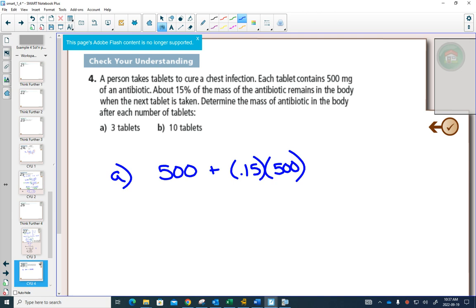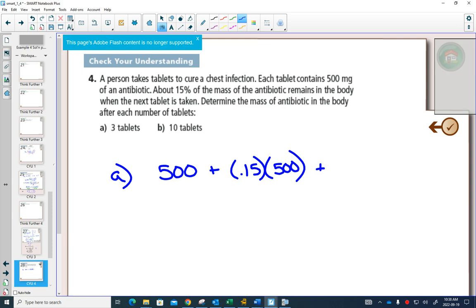We could calculate that. Now, if I had to take a third tablet, now this is my first tablet, this is my third tablet. My second tablet would be reduced by 15%. My first tablet would be reduced by 15% twice. Does that make sense?